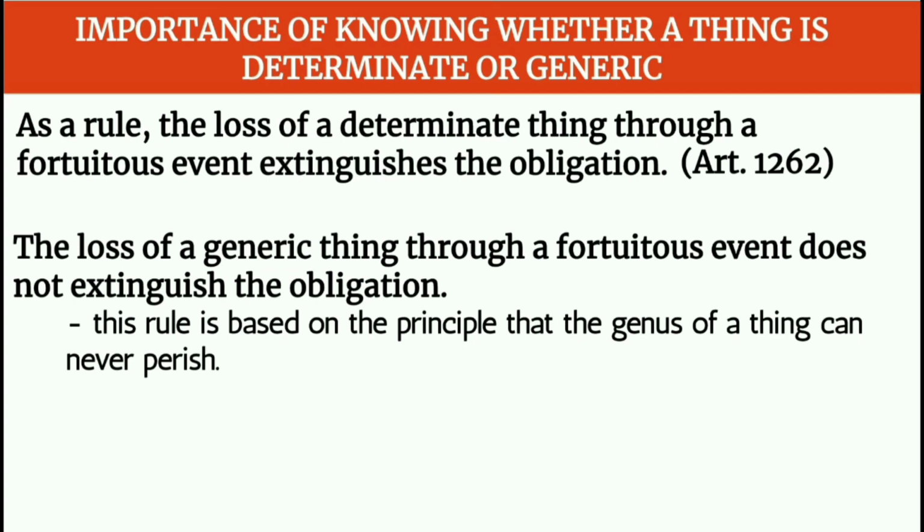As I said earlier, di ba, ang generic thing, it is one of a class. And because it is one of a class, it can never perish. For example, ang obligation ko sa iyo ay magbigay ng ballpen. Ang ballpen ay generic thing. Now, through a fortuitous event, nasira o nawala yung ballpen.